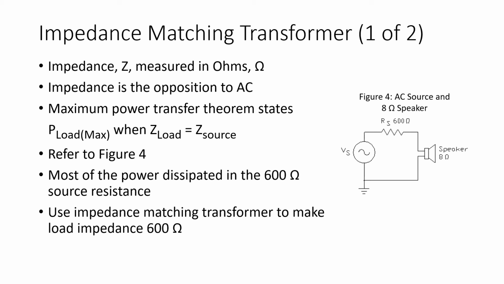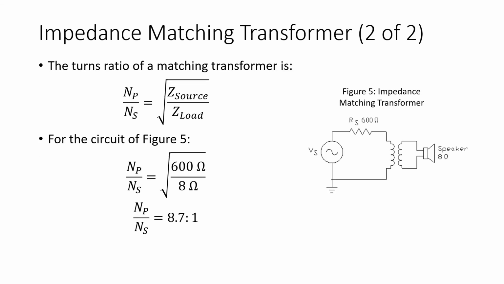So again, the matching transformer is used to make the 8 ohm speaker look like it's 600 ohms. So in figure 5, we see this circuit constructed with a transformer between the circuit and the 8 ohm speaker.